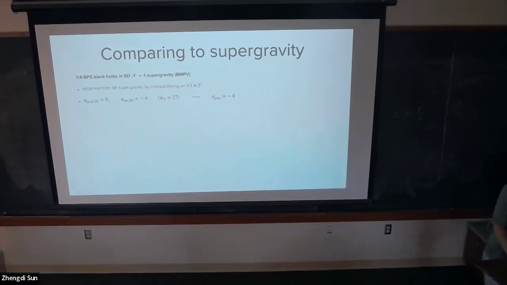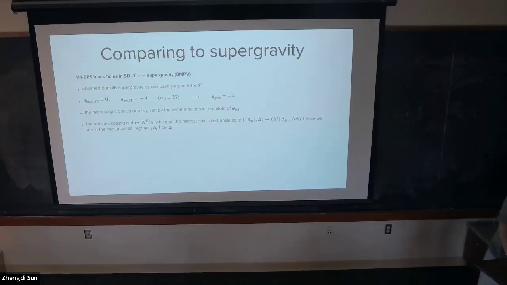In this case, since we're in odd dimensions, the local contribution to the logarithmic correction vanishes because of the heat kernel. But there are some zero modes, and they lead to a logarithmic correction of -4. The microscopic description in this case is given by the symmetric product orbifold of the same Jacobi form as before, the one that describes a nonlinear sigma model on K3.